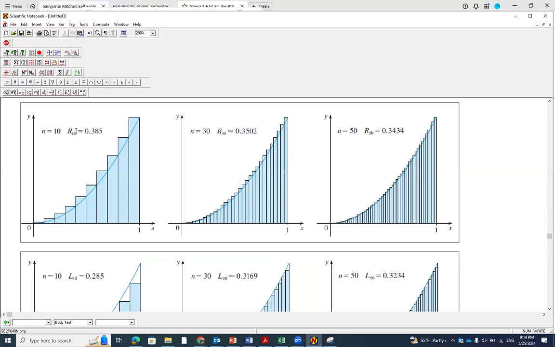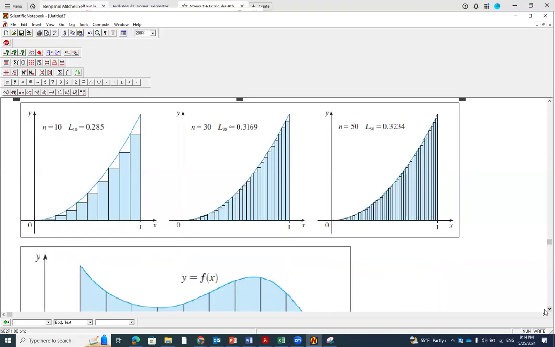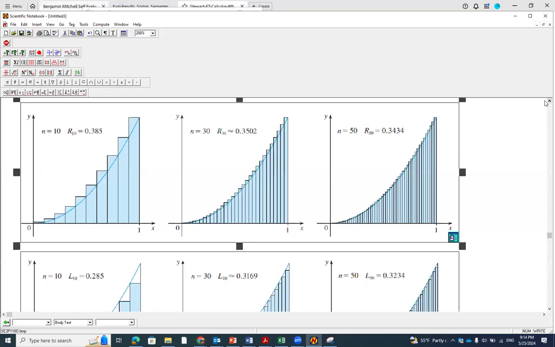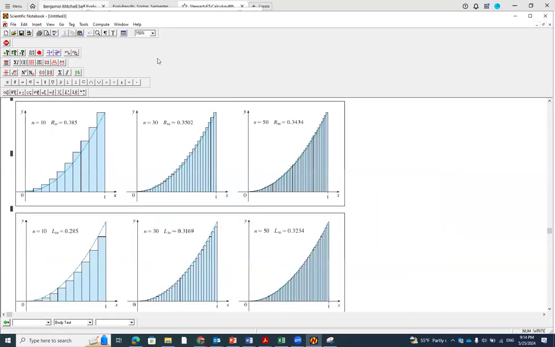So for 10, the right approximation is this number, and for 10, the left approximation is the other number. So in comparison, let me make them a bit easier to see.